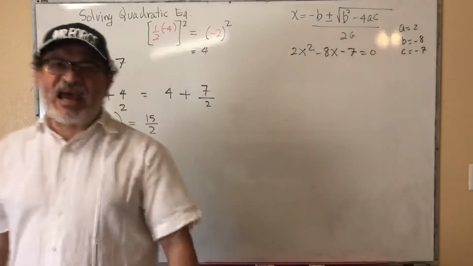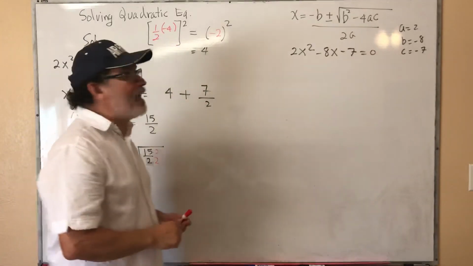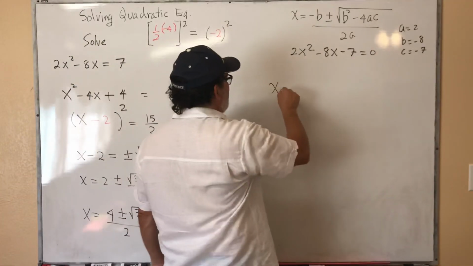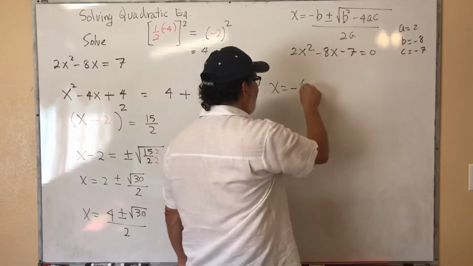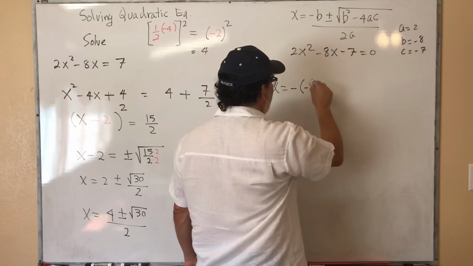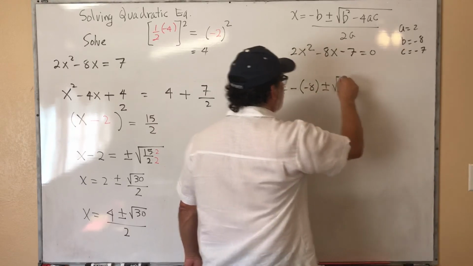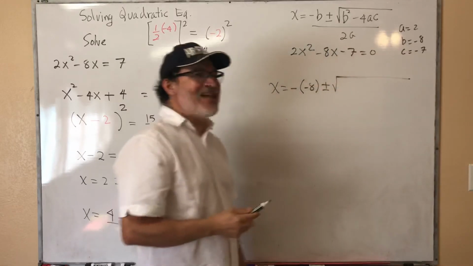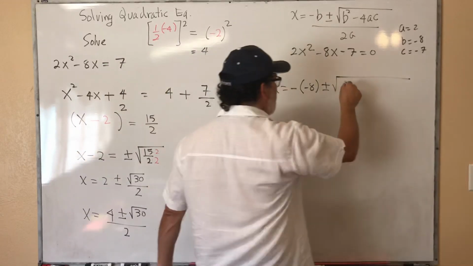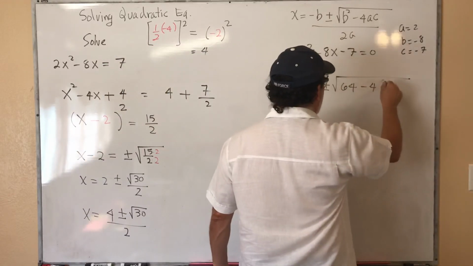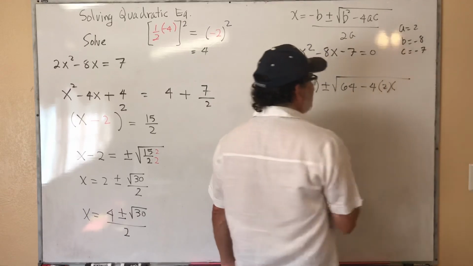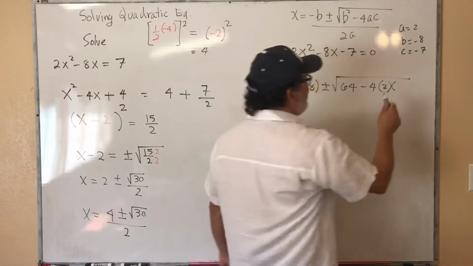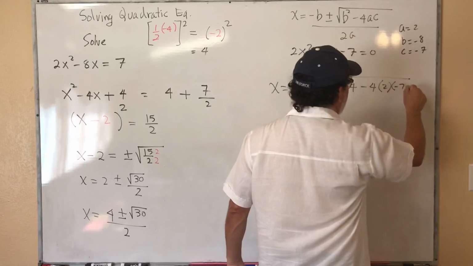I'm going to use those values for the quadratic formula. So x equals negative b, negative 8, plus minus the square root of b squared. What's negative 8 squared? 64. Minus 4 times a. What is a? 2. Times c. What is c? Negative 7.